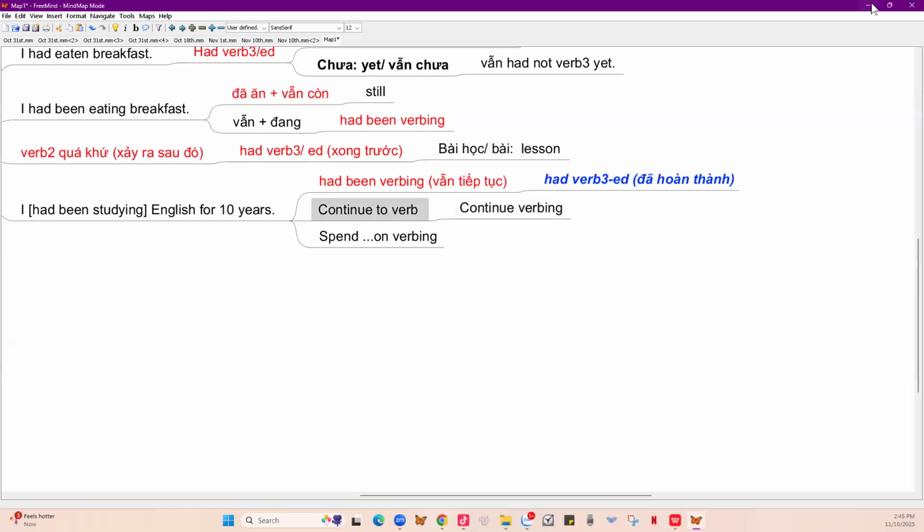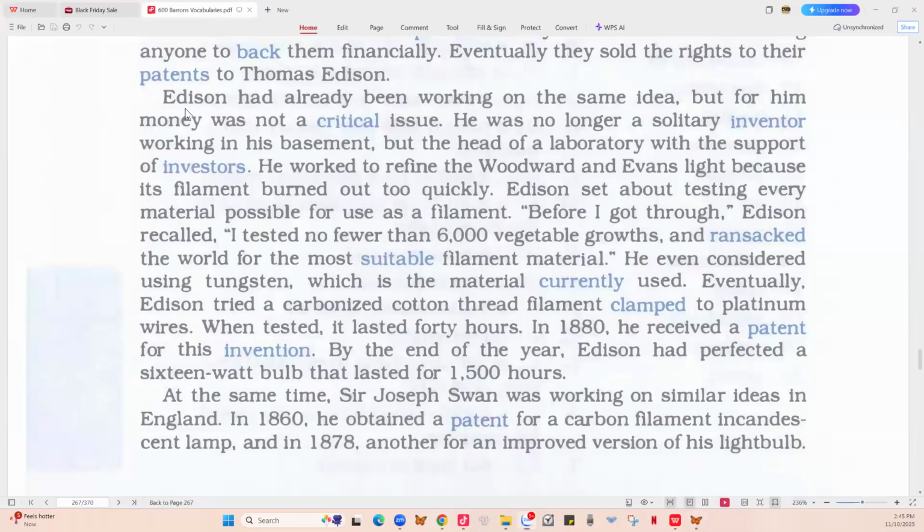So let's look back at this sentence. Rồi, diễn giải câu này ra ha. Bằng thì ha. Edison had already been working on the same idea. Show me the sentence, please. Explain the sentence.